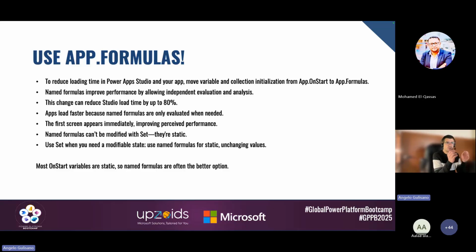So some people use App OnStart or page load, but if you move your logic and your formulas into app formulas, you reduce the loading time, also in Power Apps Studio. Named formulas improve performance because all formulas are evaluated independently of each other, and you can reduce the load time by up to 18%.